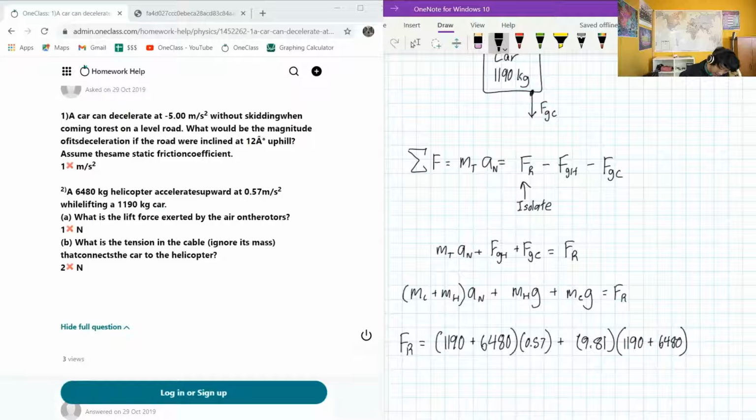We can make this calculation even easier to type in our calculator. It could be like this: 1190 plus 6480, and we factor out those terms, and then it's just 0.57 plus 9.81.